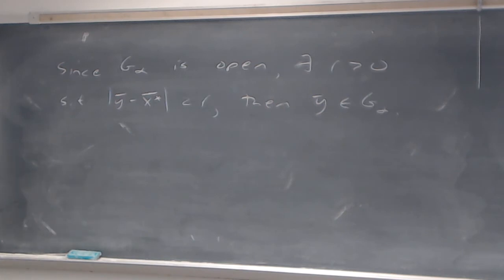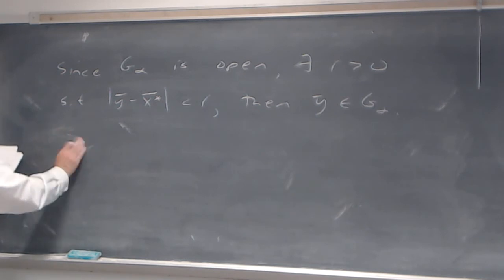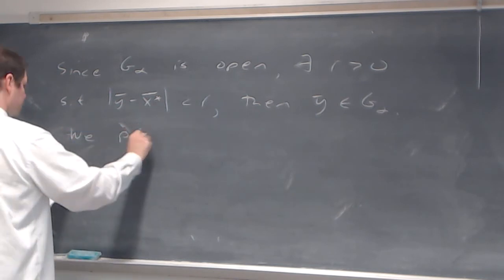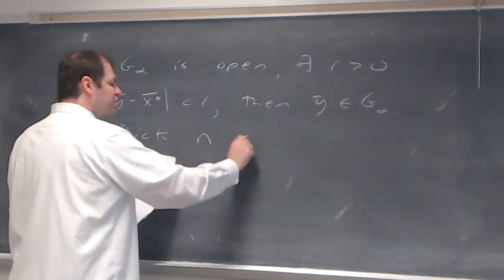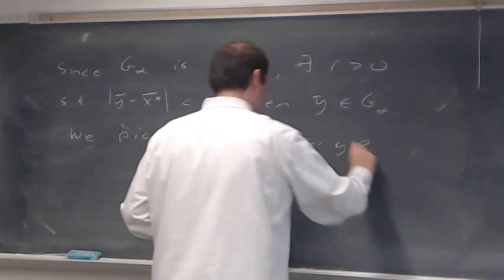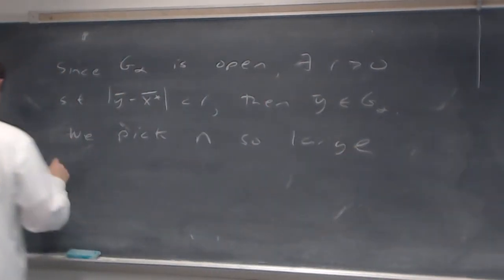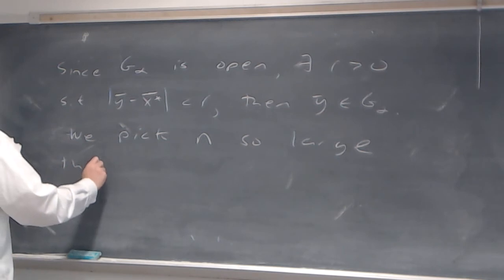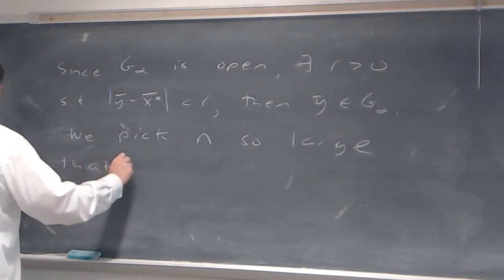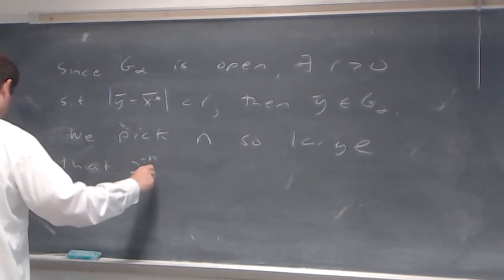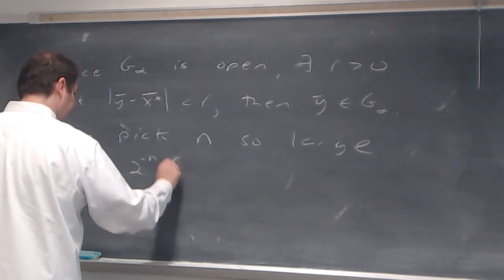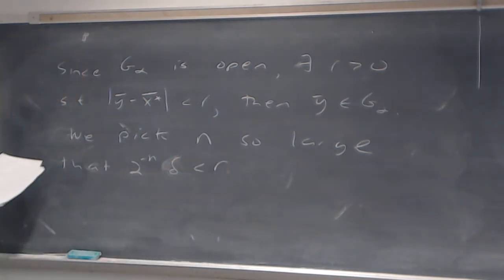So we pick n so large that this quantity, 2 to the minus n delta times delta, is less than r.